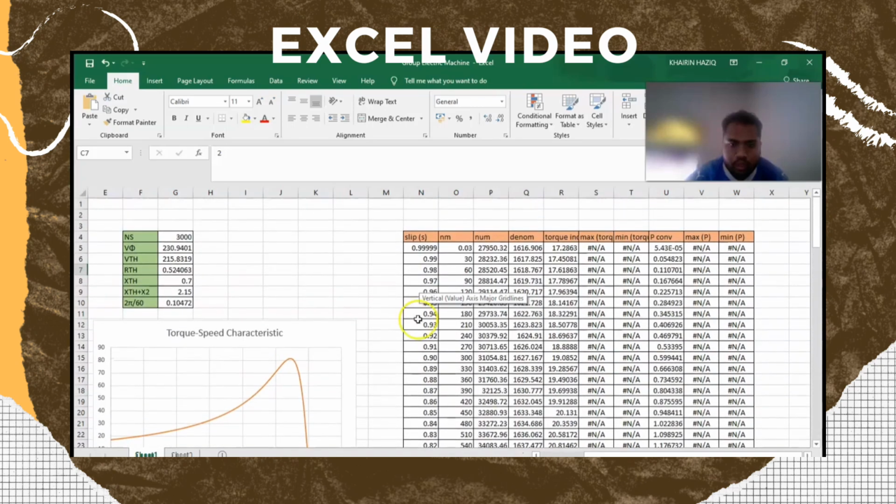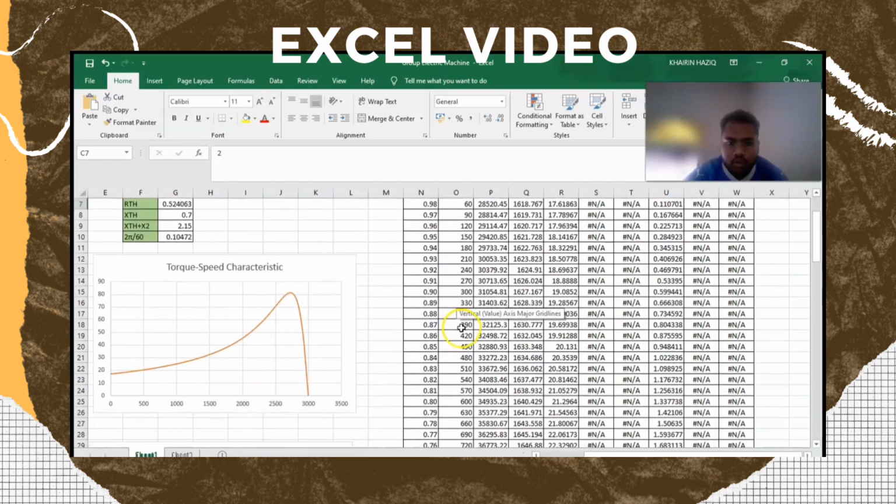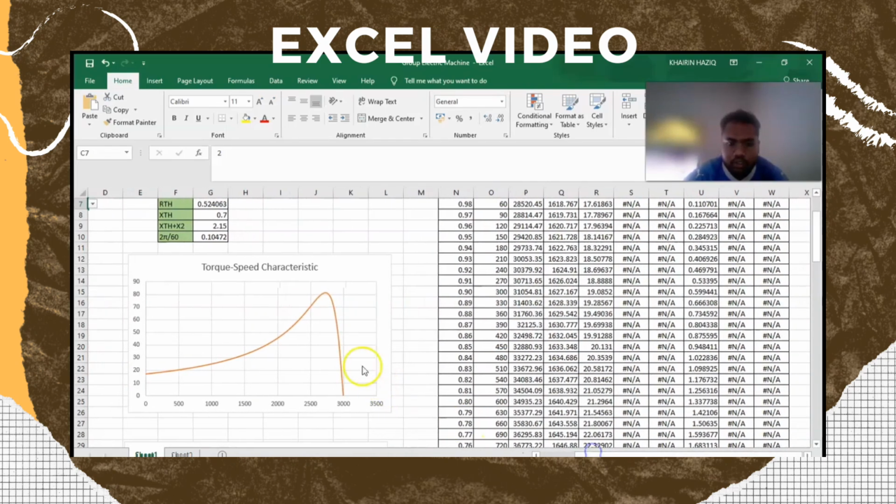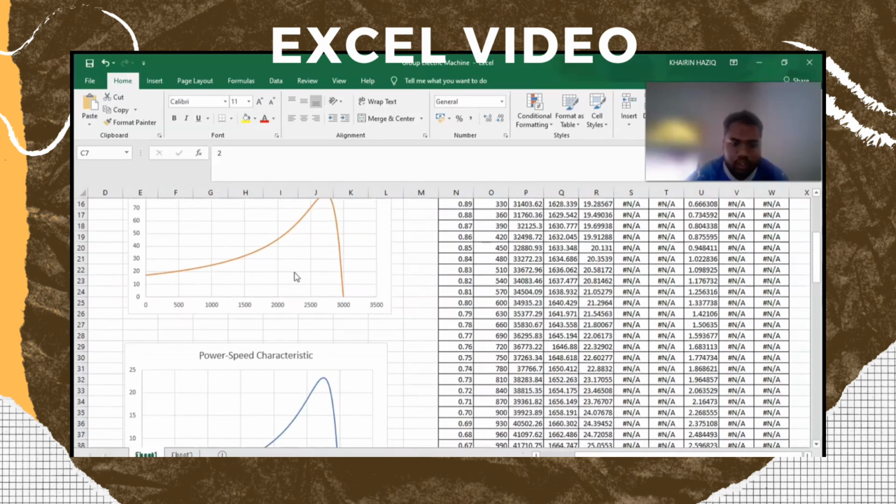We have speed in Nm, numerator, denominator, torque, our max torque, our min torque, our power conversion, max power, and min power. So from here we will calculate it and get the graph for this, the torque versus speed characteristic and power over speed characteristic.